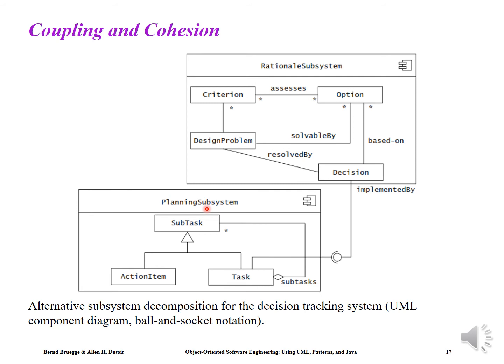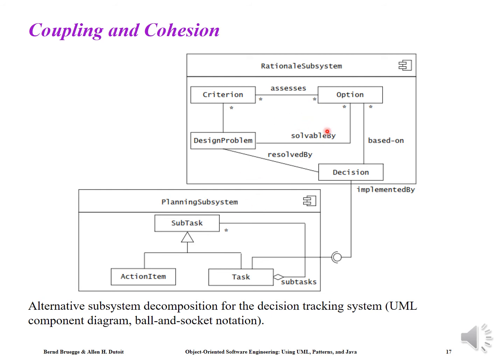One is the rational subsystem containing these classes, and the other is the planning subsystem containing these classes. So this is the alternate subsystem decomposition for the decision tracking system.